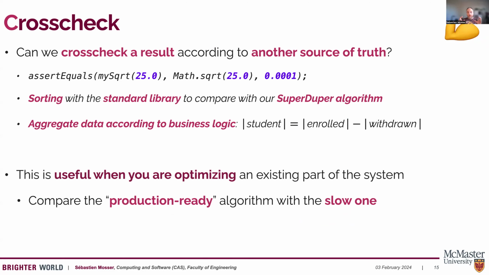And you know that in your specific situation, you can apply some heuristics and compute it way faster, but just for this specific context. So you can't replace the slow or expensive method that works in the general case with your new amazing method, because it only works for a very specific subset. But what you want to do is cross-check that the very slow method and your very optimized method produce the same results. Because if not, your result is wrong.